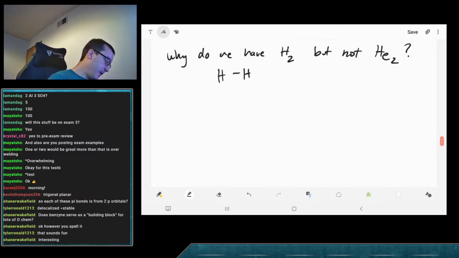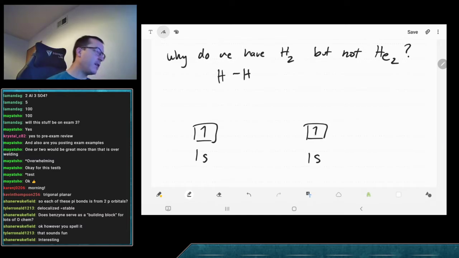So, if we think about hydrogen, we have two hydrogen atoms, and they have electrons. They each have this electron configuration, 1s1. They have one electron in the 1s orbital.